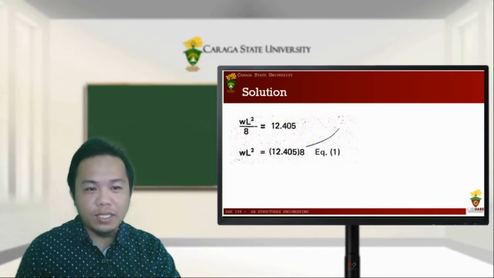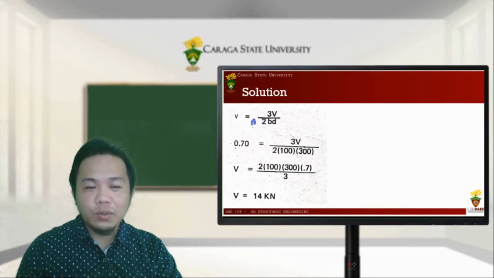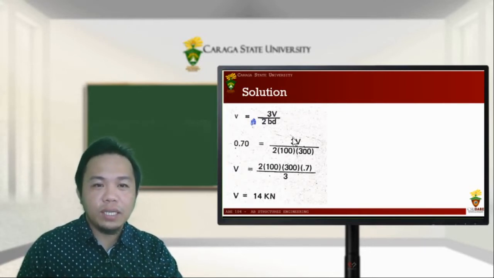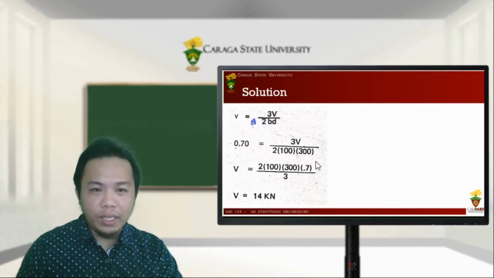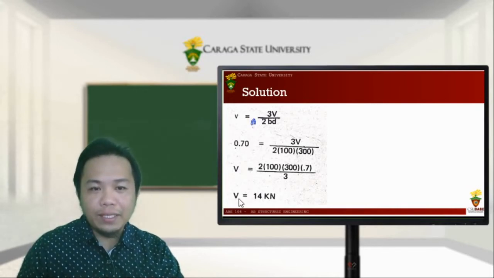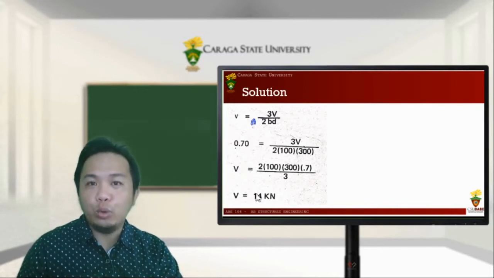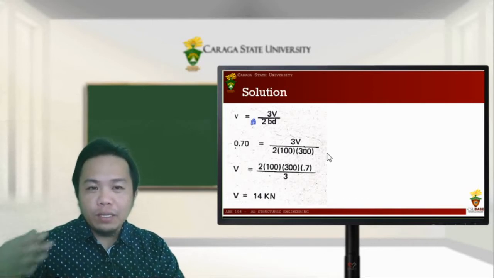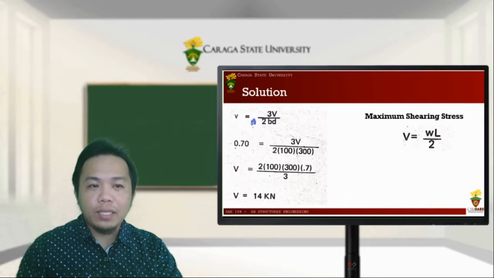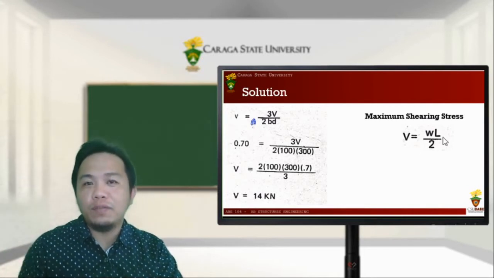Now, let's move to our shearing stress. For shear stress, we reduce the formula into 3V over 2bd. Given that the maximum shearing stress is 0.70, by simple manipulation, we can find that V is equal to 14 kilonewton. Again, if you draw the shear and moment diagram, you can find that the maximum shear is WL over 2.